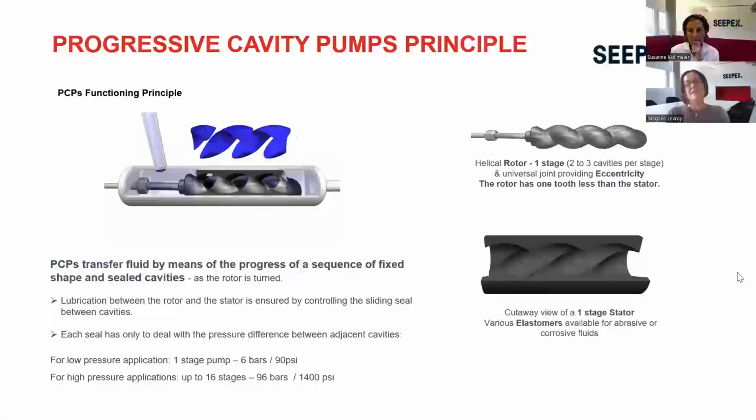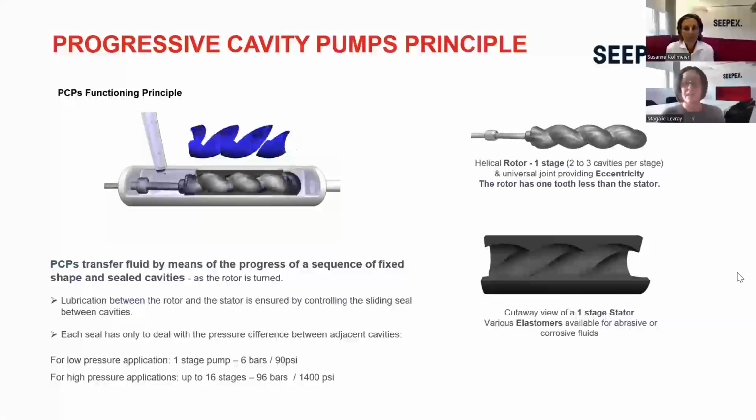This is how we can handle shear sensitive, fragile, and abrasive slurries, because the abrasive or fragile particles remain sealed in their cavities as the cavity progresses along the rotor.